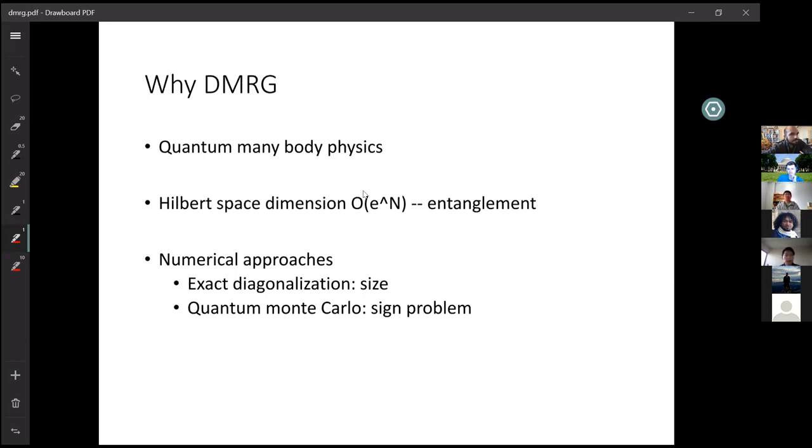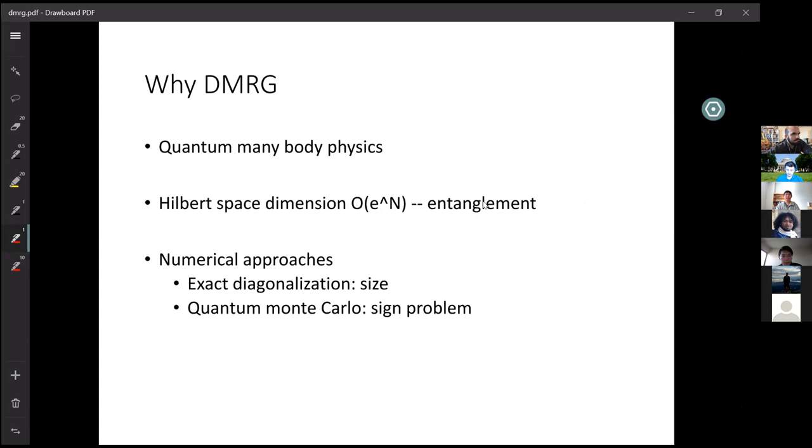Classically, if you want to describe a system, you only need a number of parameters growing linearly with the system size, like you have a speed and a position for each particle. But in quantum mechanics, because of quantum entanglement, you have exponentially growing parameters to specify a wave function.